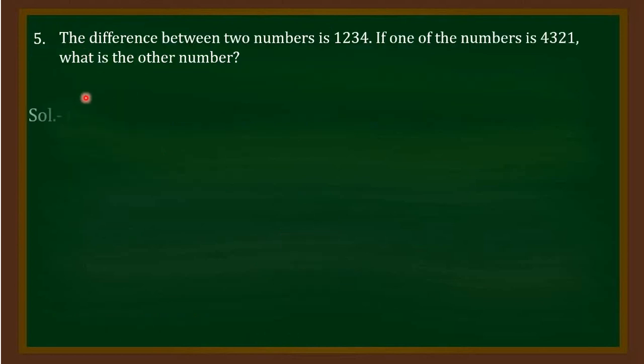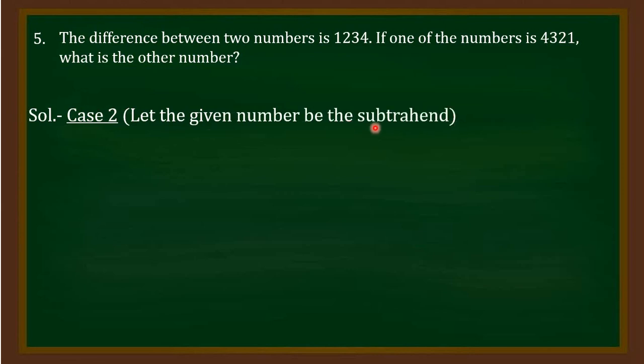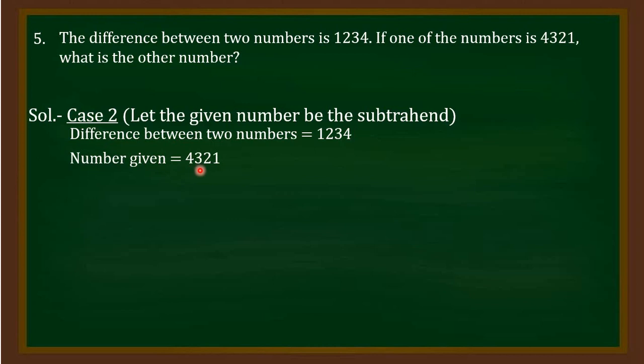That is when the given number is the subtrahend. That means when 4,321 is the subtrahend. So let's see how you will write this. The first statement would be: difference between two numbers is 1,234 and the given number is 4,321.